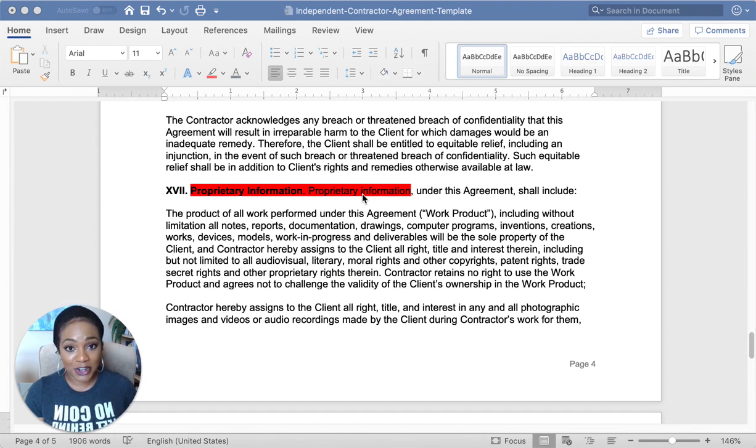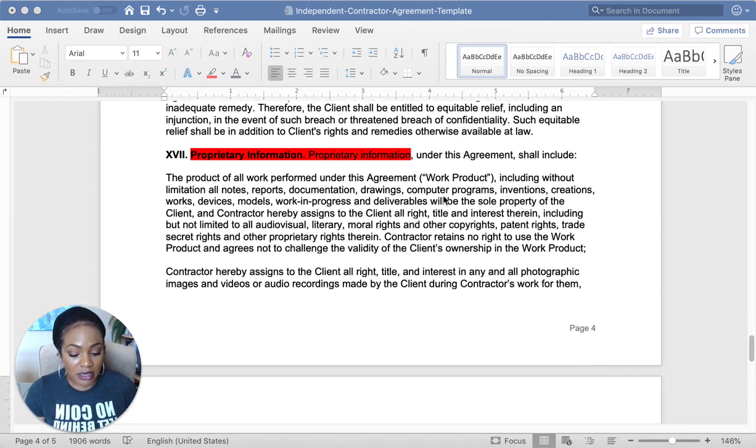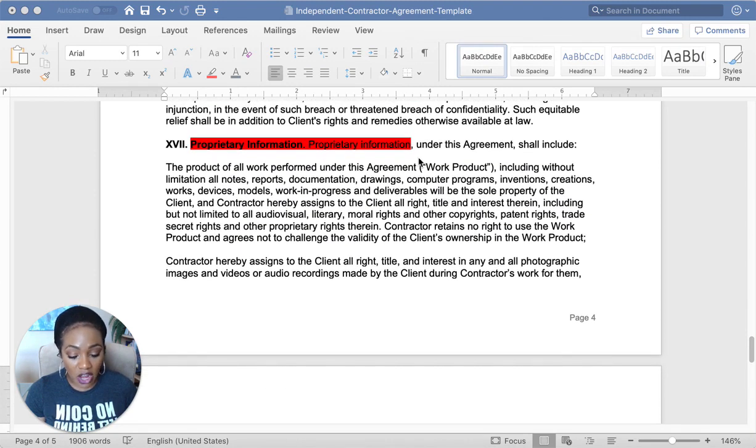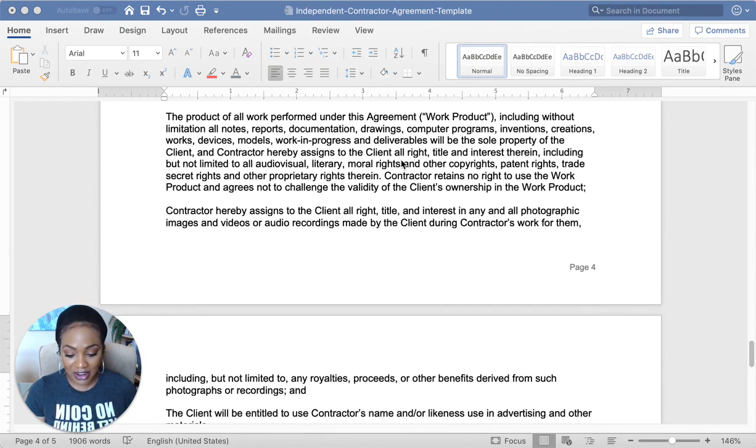And like I said, your contract should be crystal clear. The terms should be what is normally understood by the normal layperson, and proprietary information is understood as confidential information. So the fact that they call intellectual property proprietary information is not good. That's like calling red blue. No, that doesn't work. That's confusing. So I hate that right there.